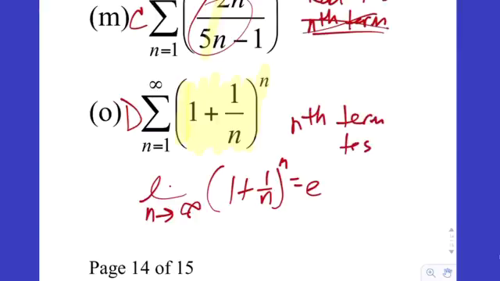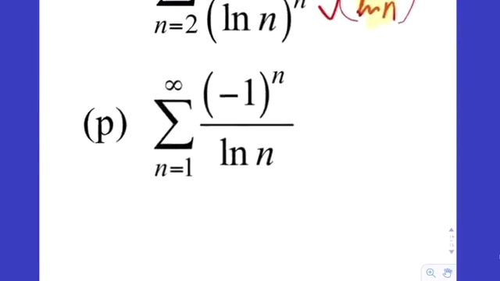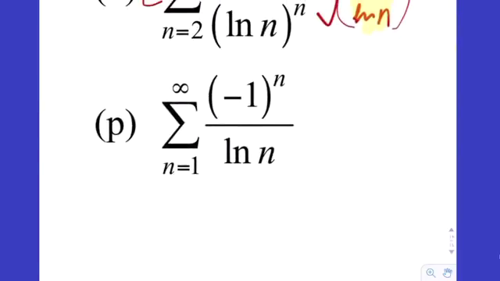Nth term test. Okay, A, B, C, D, E, F, G, H, I, J, K, L, M, N, O, P. We're at P. I see the alternator. There he is. So now you analyze what's left. Does that go to 0? 1 over ln n, does it go to 0?